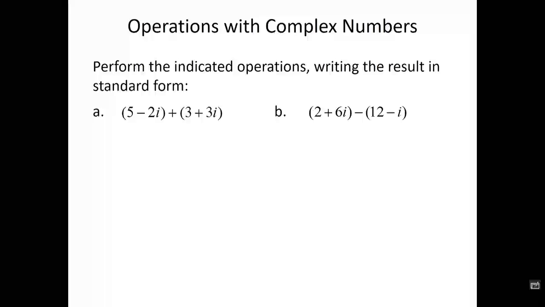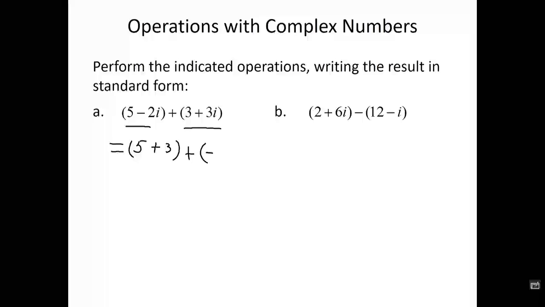All right, so here we have two complex numbers, and we want to add them. To add two complex numbers, well, it's what you would think. You would add the real parts, so 5 plus 3, and then you would add the imaginary parts.